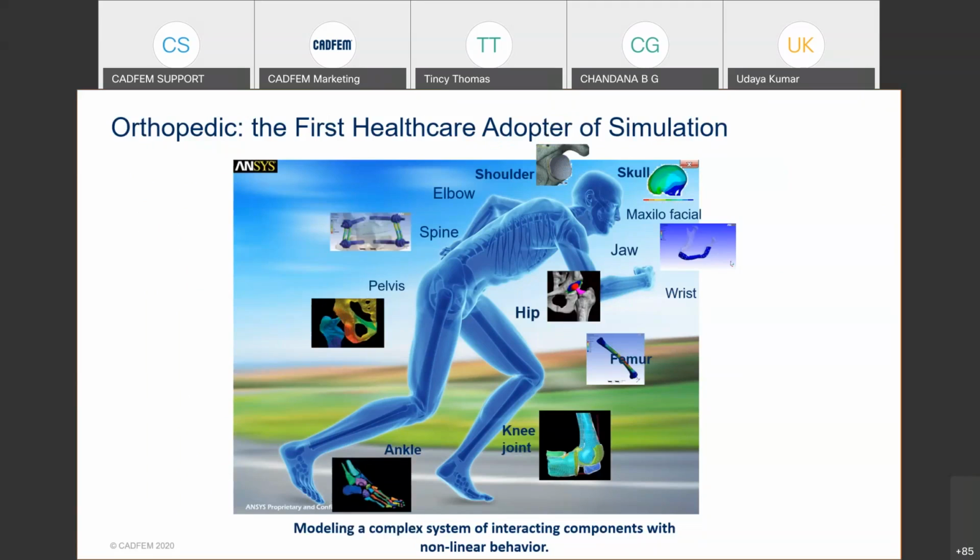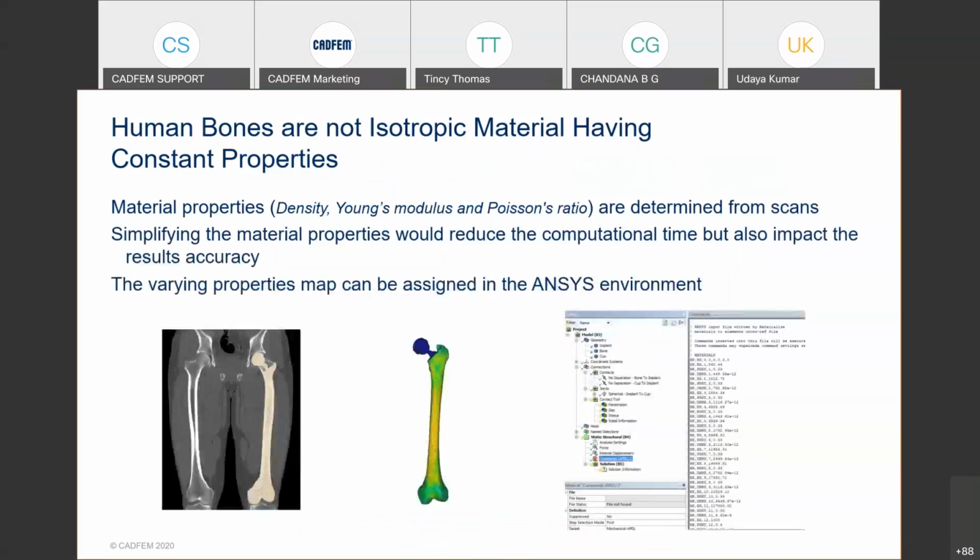For example, in any shoulder joint, synovial fluid comes in to reduce the friction. So how is the interaction between that fluid and the structure? There are multiple things coming into these kinds of joints, which makes it hard to understand what the actual process is beneath. But simulation helps us understand these different mechanisms and make different products also.